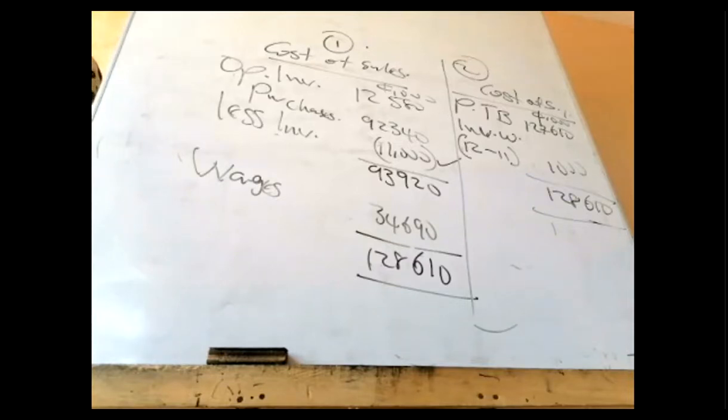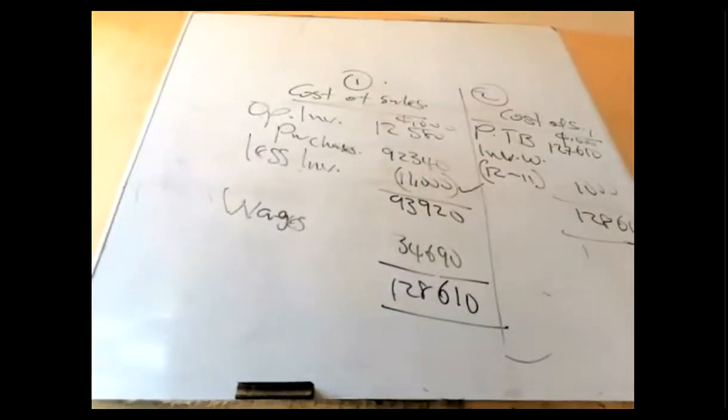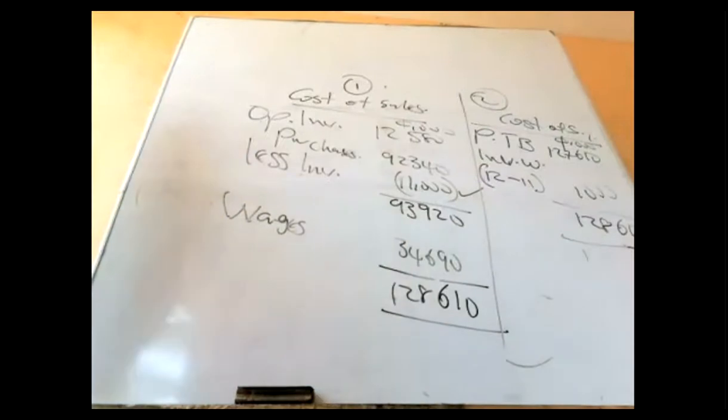So IAS 2, we are done, but you are not done. So there are trial works here. I'll give a few of them, then move on. Okay, so the other side. Good. Now let's see the trial works.